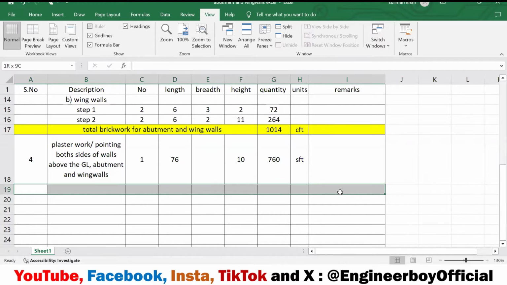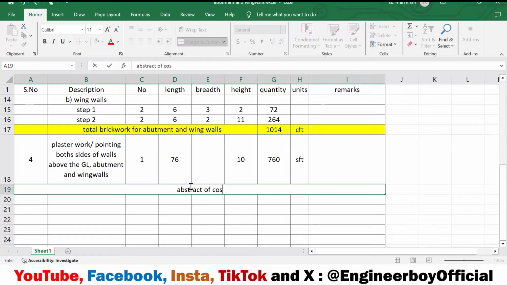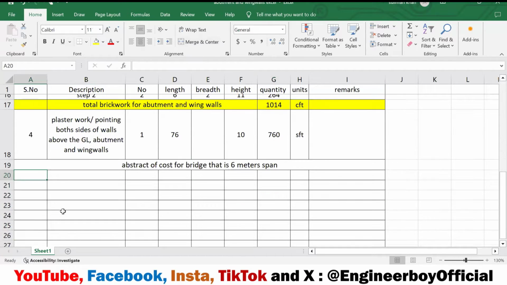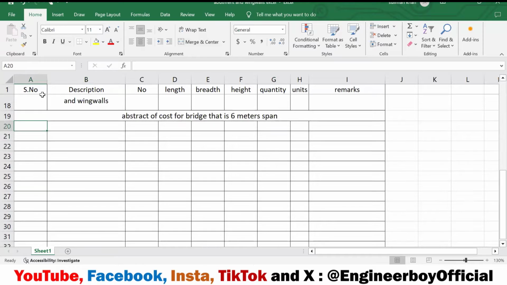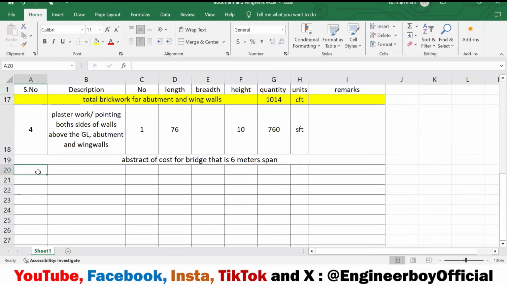Let me merge and center and write: abstract of cost of our bridge, that is 6 meters span. Very simple. I'm not going to put the headings here because I have already frozen the top row, so the first column represents the serial number. In serial number, I'll put one. This is the first item which we are going to calculate.